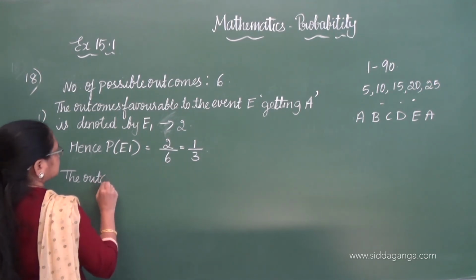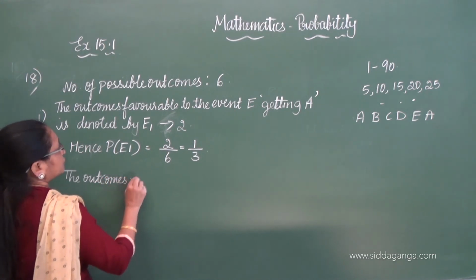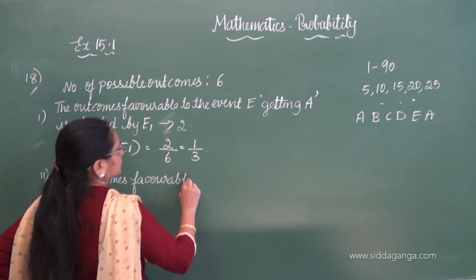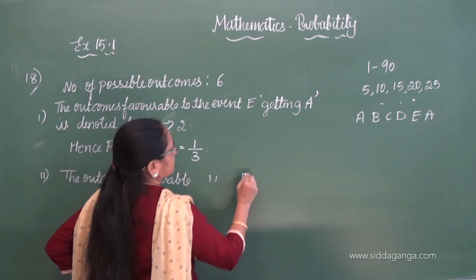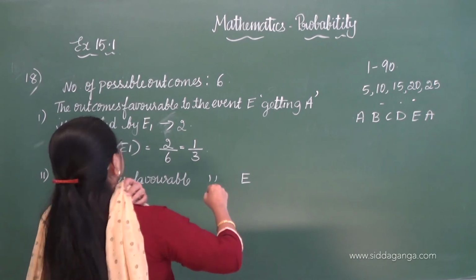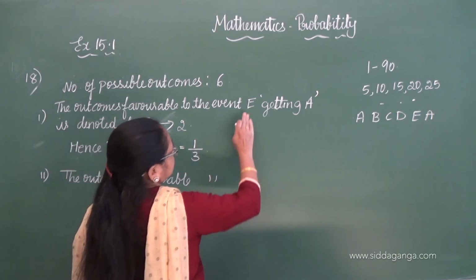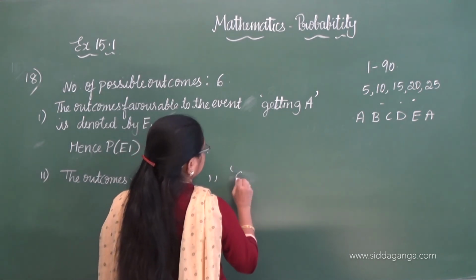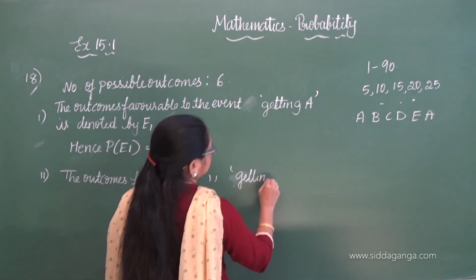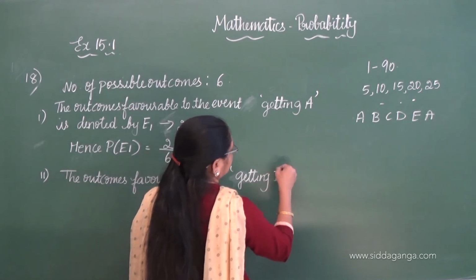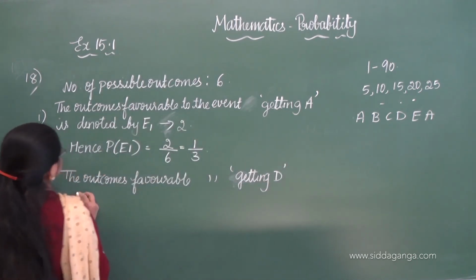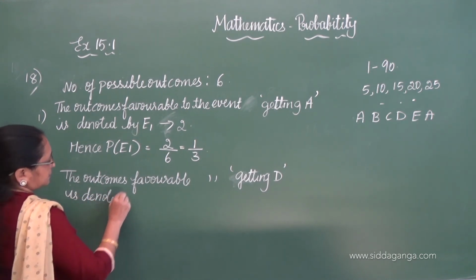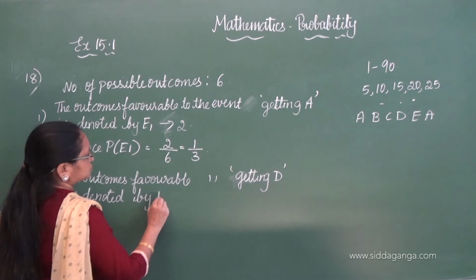The outcomes favorable to the event, here I have taken the event E2, that is getting D. Okay, hence it is denoted E2.